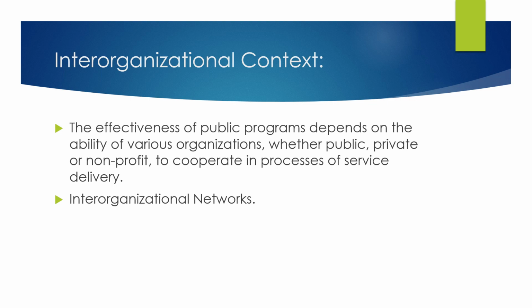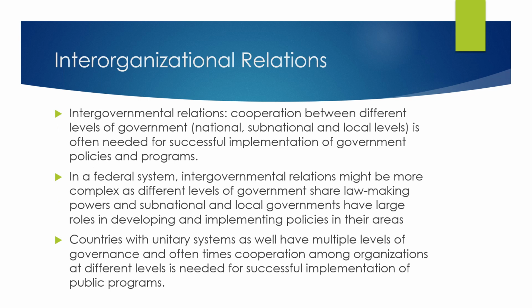And so in this chapter, we are looking at the types of interactions and the ways in which government organizations deal with different organizations in order to achieve policy goals and implement public programs. Managing public programs requires cooperation between the different levels of government, whether at the national level or at subnational and local levels.